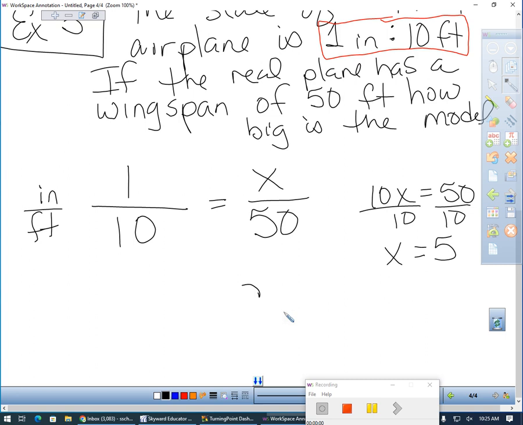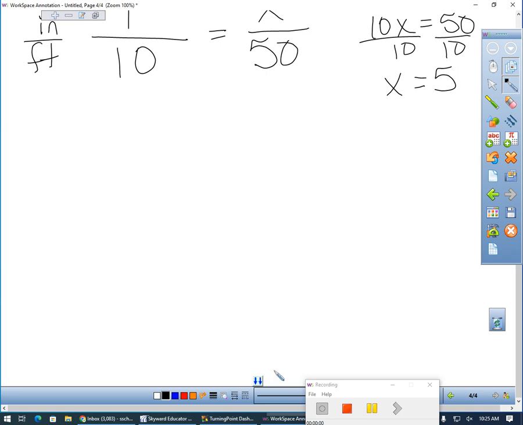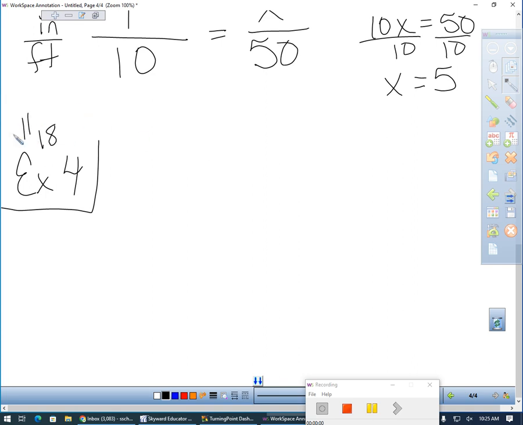Good. All right. Last one I want to talk about is a question that we always end up getting, so I want to just touch on it. Example number 4. All right, this is number 18, or similar to number 18.